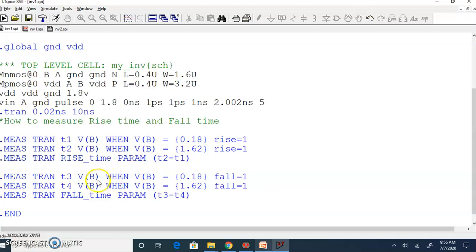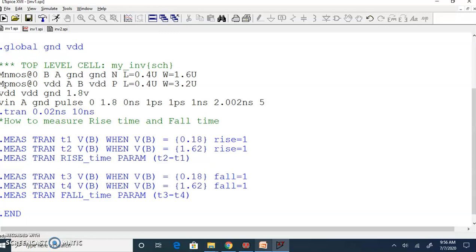Similarly, I'll measure my fall time, that is T3 minus T4. For that, I'll consider fall 1. I'll measure T3 on the first fall at 10% and T4 on my first fall at 90%. The difference T3 minus T4 will give me my fall time.